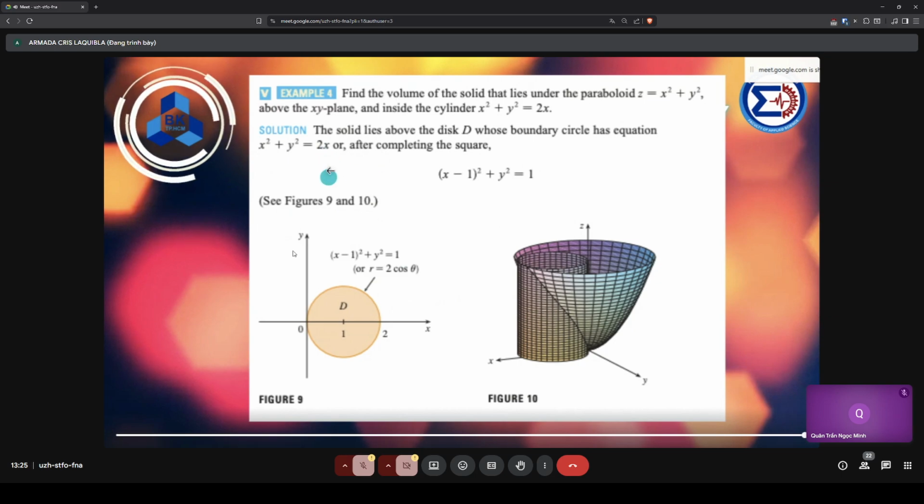Now, that 2r cos theta is equal to r squared, because x squared plus y squared is equal to r squared in the formula. So r squared is equivalent to 2r cos theta. Now divide both sides by r. The r squared becomes r, so r is now equal to 2 cos theta, correct?